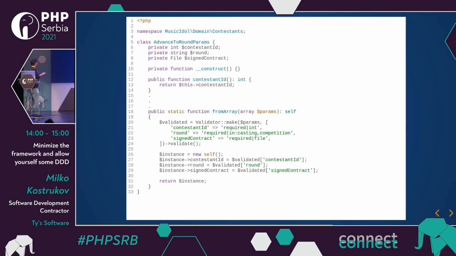Now, notice that I'm talking about being married to the framework, but still I'm using this Laravel validator here. Usually with value objects, I wouldn't do that, because you would validate two or three things, and you can just go with if and then. It's not a big deal. But this being an object for a command for a use case, we may end up with more stuff to validate. So it's handy to have a validator.